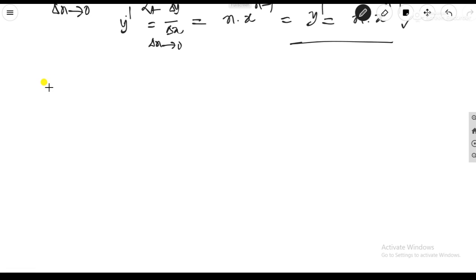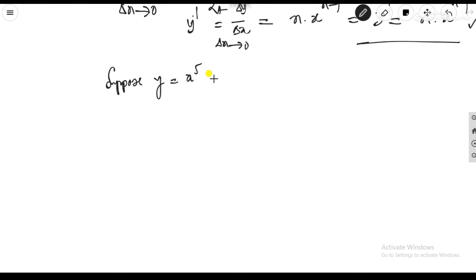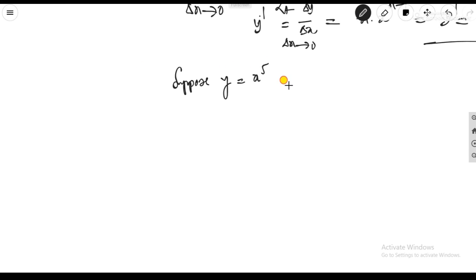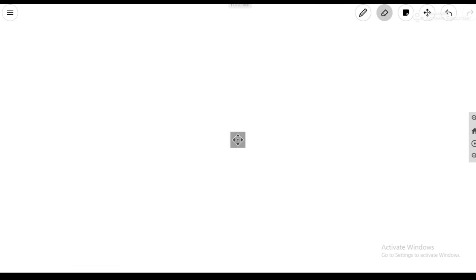Let us use some examples here. Suppose we take a function y is equal to x power 5.